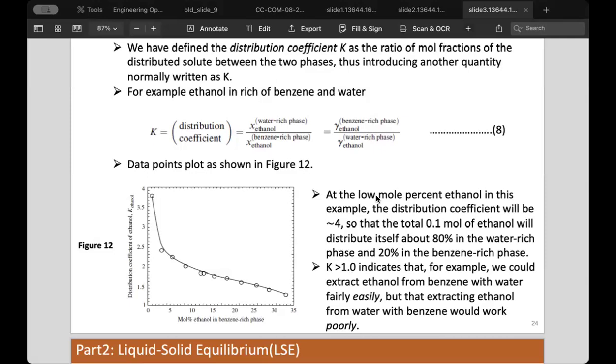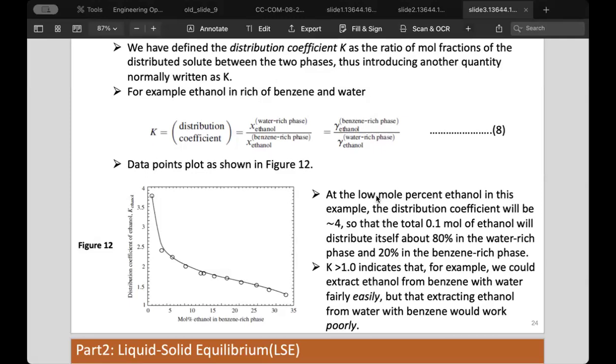So you can use it if you want to extract something. Let's say you have a binary system of A and B, and you want to extract A from the mixture of A and B. You need another phase, and K must be greater than 1.